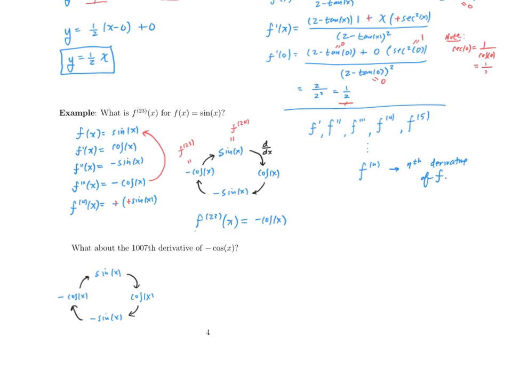So hopefully you've paused the video and you've taken a few minutes to think about this. The cycle that we have above still applies. If we start off with minus cosine, each one of these arrows going in the clockwise direction is going to represent a single derivative. So every 4 derivatives that we take gets us back to this starting point of minus cosine. So we just think, what's a multiple of 4 close to 1007?